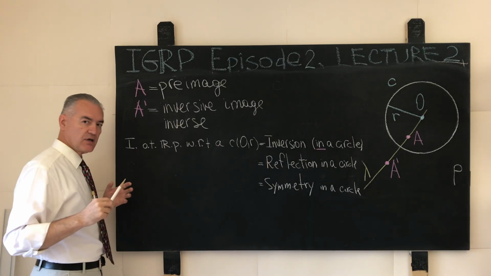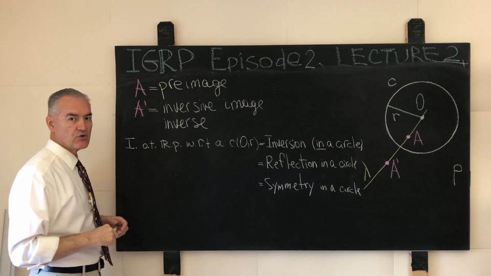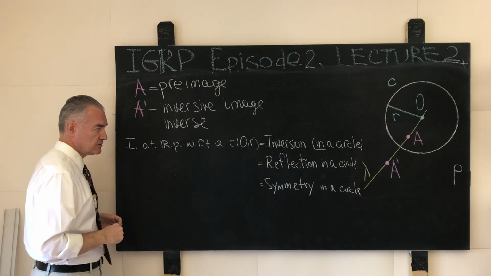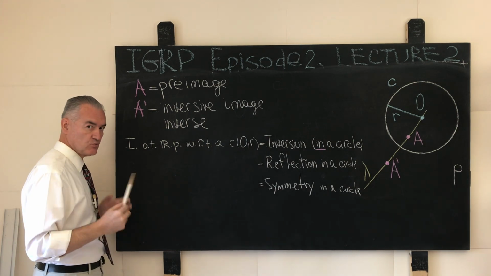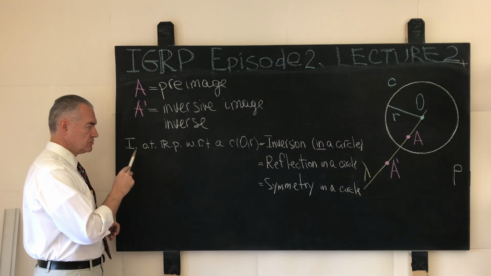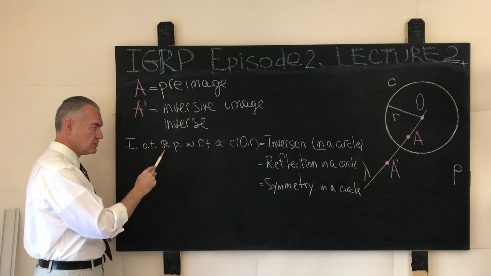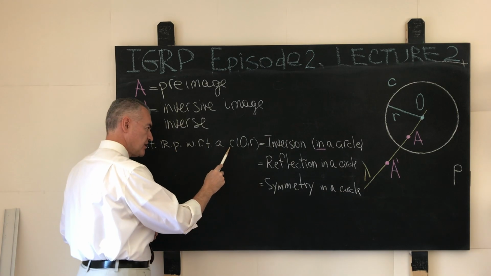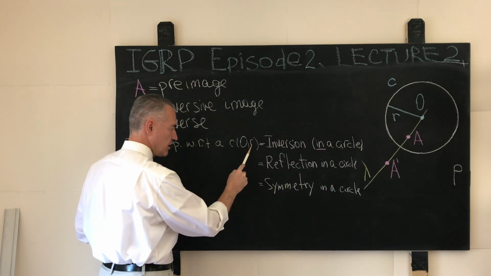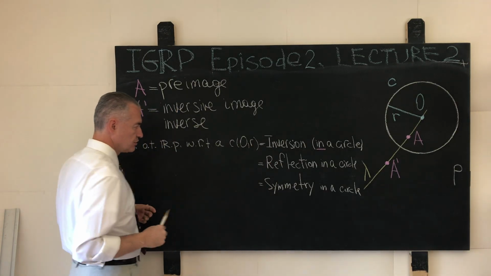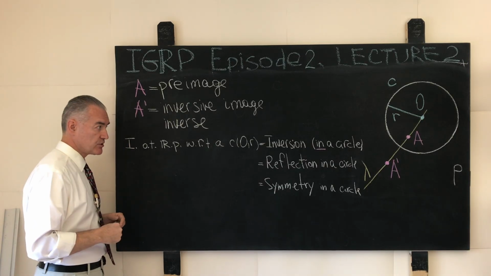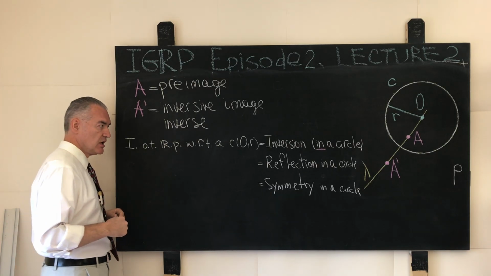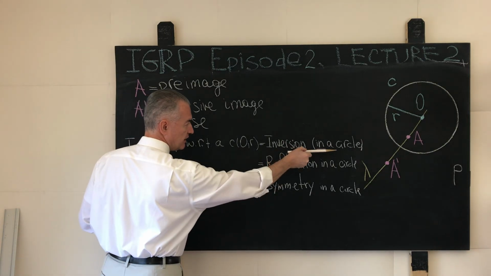This long and cumbersome to pronounce, cumbersome to write down, but technically faithful representation of what is going on, inversion of the real plane with respect to a circle that has the point O as its center and R as its radius, all this long, cumbersome, but technically accurate mess is very quickly compressed into inversion in a circle.